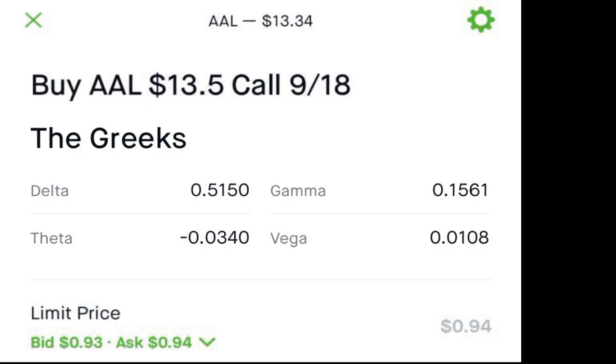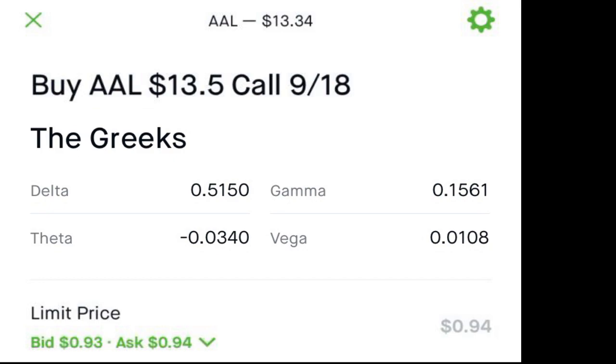So your new delta would then be 0.67 once American Airlines goes up $1. Meaning if the stock were to go up another dollar from there, the premium would then go up 67 cents instead of 51 cents. So basically, as the stock rises, the delta rises. And the gamma shows us how much the delta will rise.